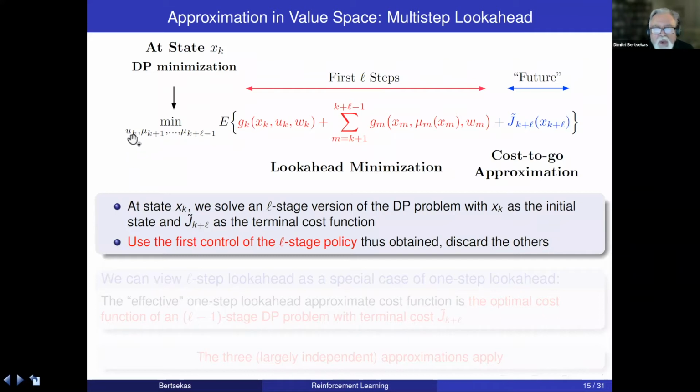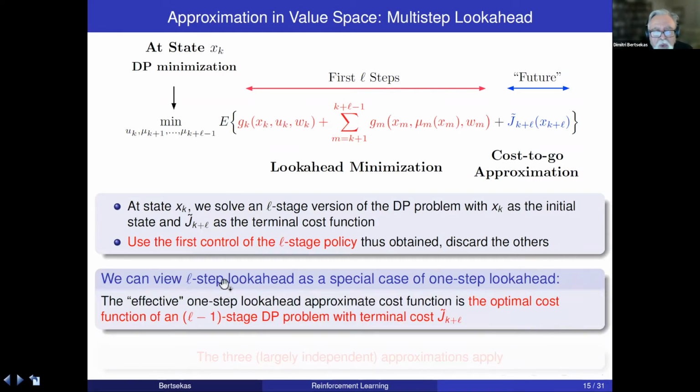Now, this uk is going to take us to xk plus 1, and then we solve again an L step look ahead minimization problem and use the first element, uk plus 1, and so on. But the thing is that for any xk, I obtain uk, so that gives me the multi-step, L step look ahead policy.